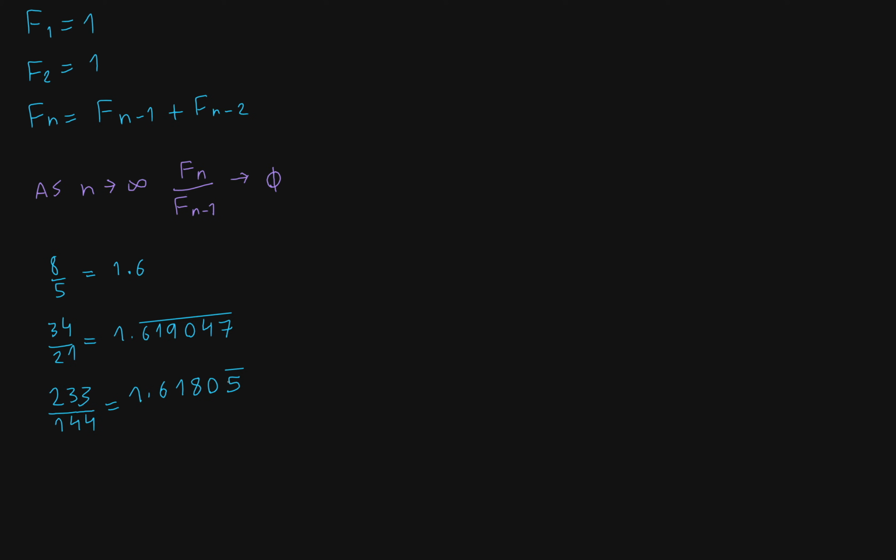And so through this asymptotic behavior, we can approximate this as a geometric sequence. So what we're going to do is set F of n equal to a times r to the n. And of course here we are assuming that a and r are not 0.